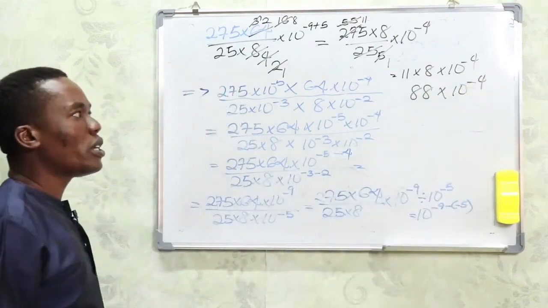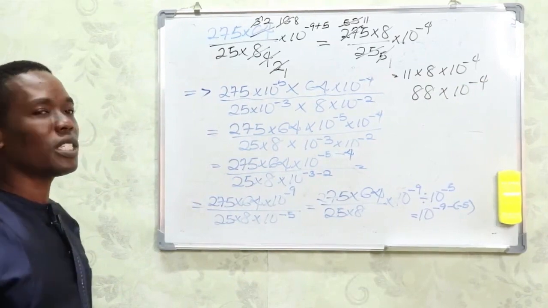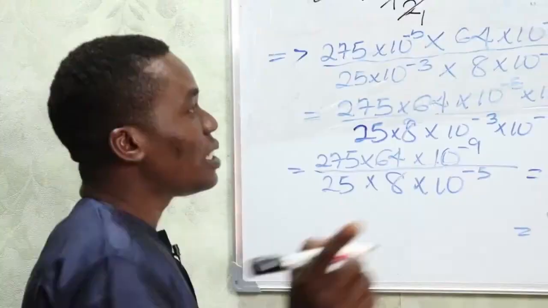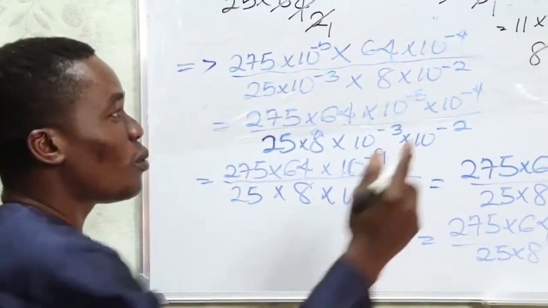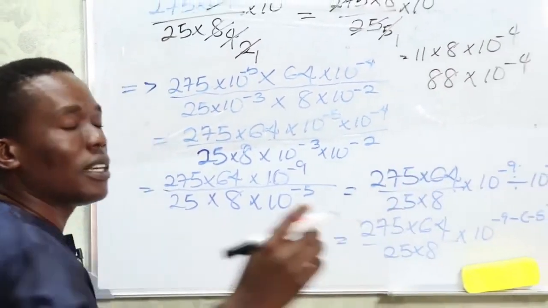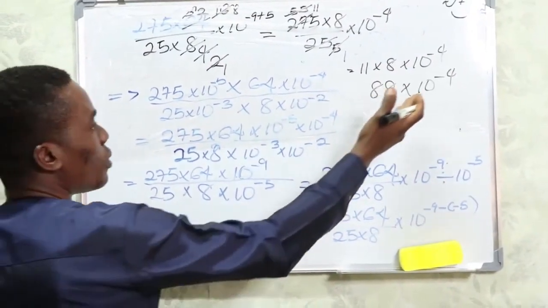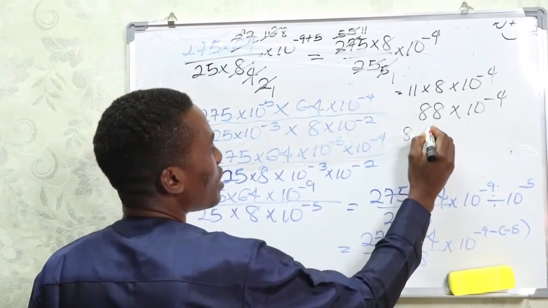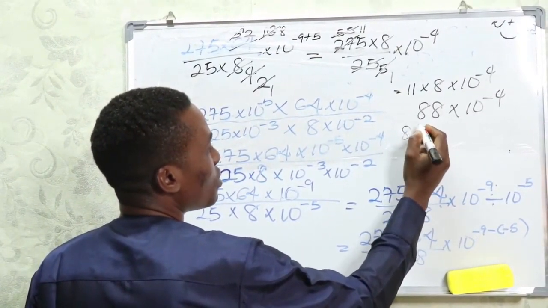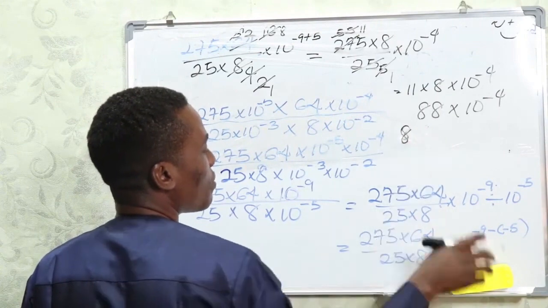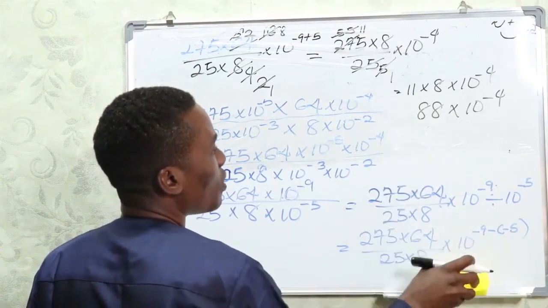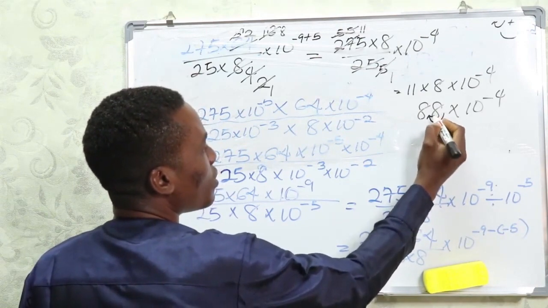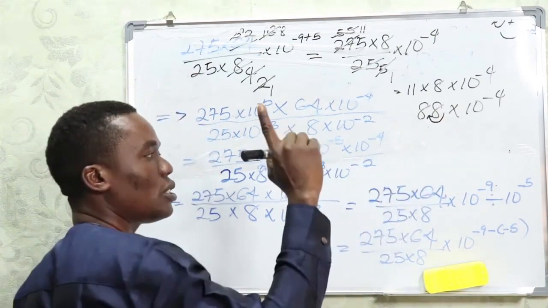Now remember the question. They say you should express your solution in standard form. Now, the next thing we are going to do is to convert this 88 into standard form so that we can reduce this further. Now 88 into standard form will give you 8.8. Remember, 88 into standard form, we count from the right hand side to our left hand side with just a point.